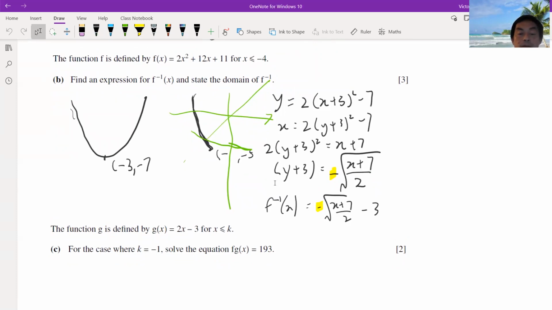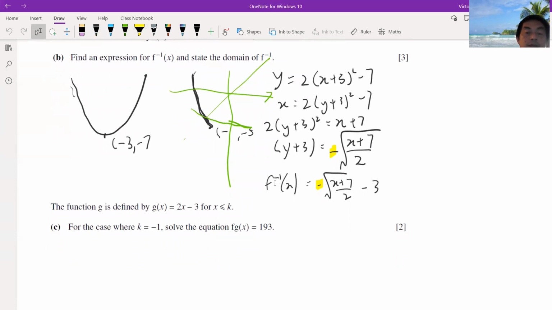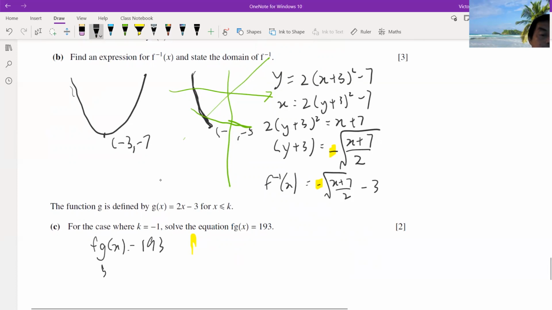So what I'm going to show you are two ways where you solve problems. The first way is the simpler way. So you have f(g(x)) equals 193. So g(x) equals f inverse of 193.